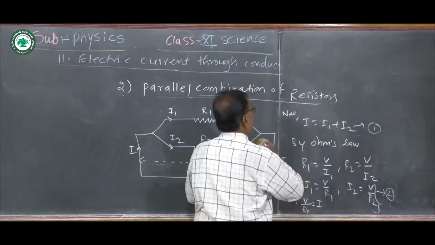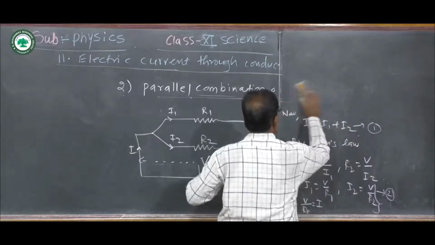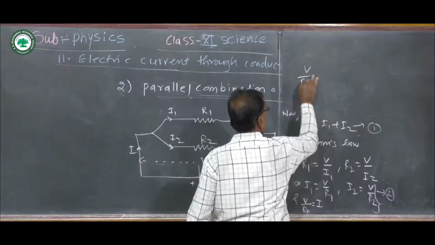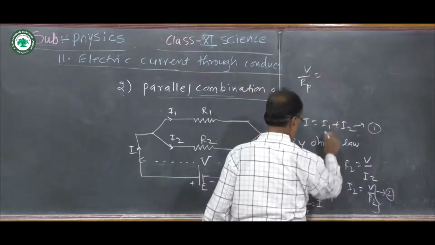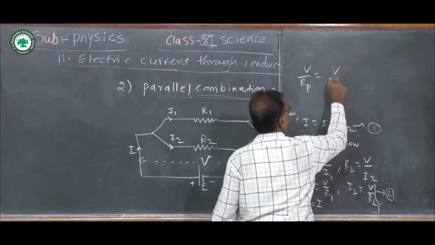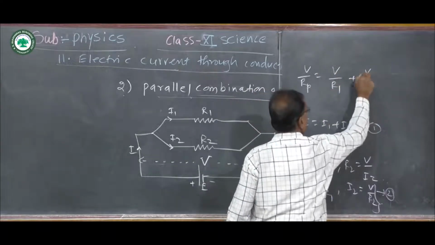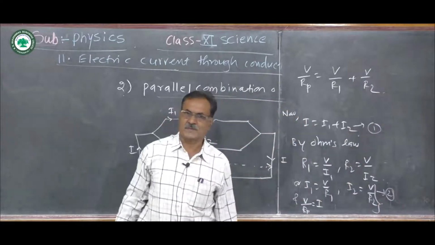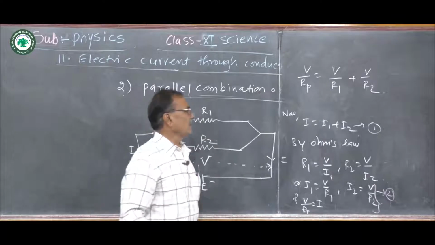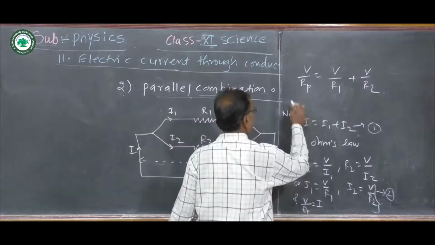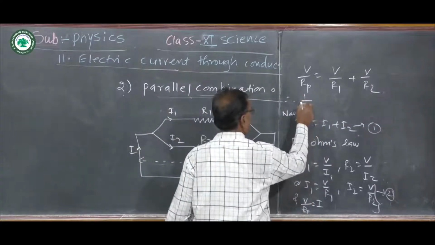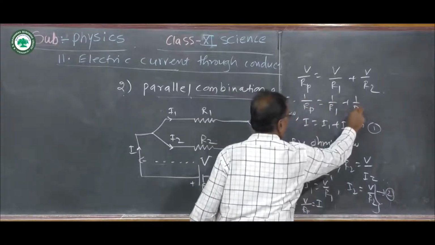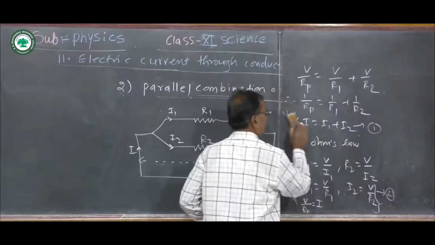So we will get I equal to V upon Rp is equal to V upon R1 plus V upon R2. On both sides the similar terms get cancelled, V gets cancelled, so therefore we can write 1 upon Rp is equal to 1 upon R1 plus 1 upon R2.